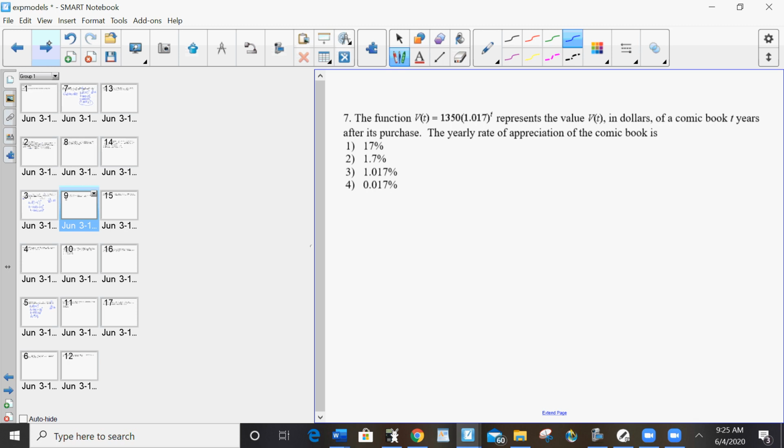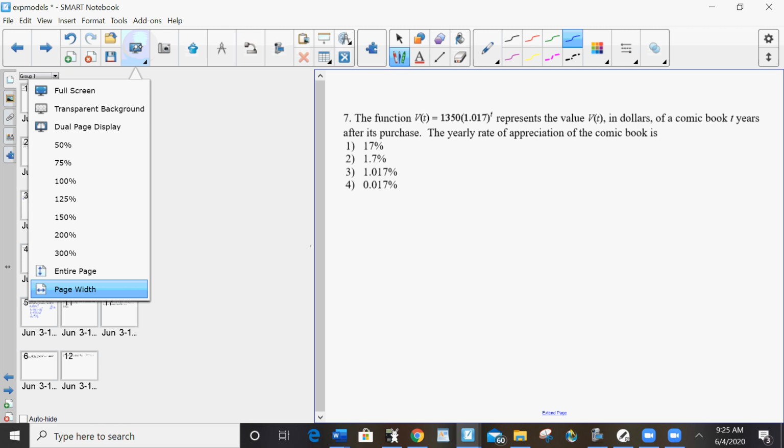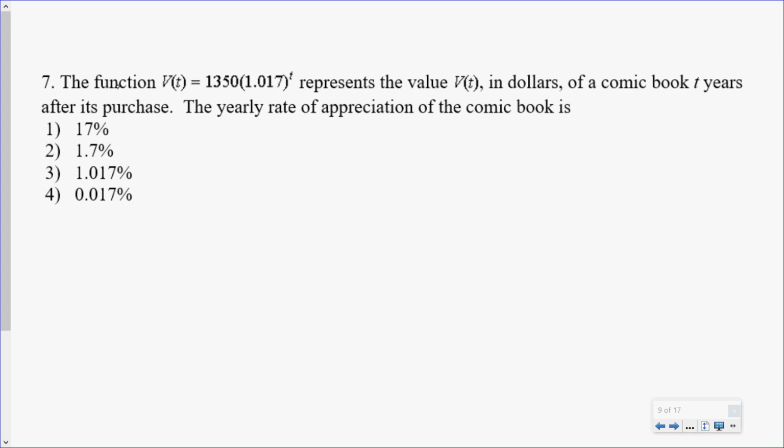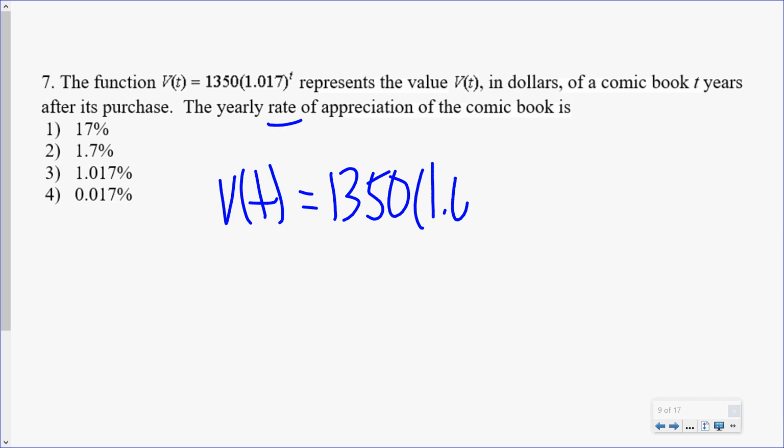Now we're going to go in the other direction. Function v of t, blah, blah, blah, represents the value v of t in dollars of a comic book t years after its purchase. The yearly rate of appreciation of the comic is. So it's asking for the rate. So let's start by writing what we have here. V of t equals 1350, 1.017 to the power of t.